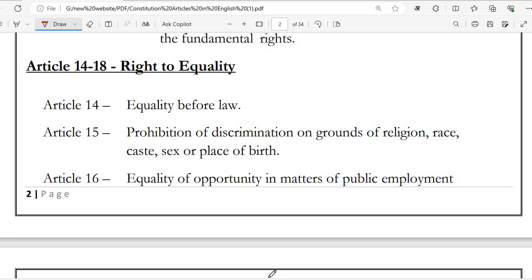Article 14 says equality before law and equal protection of law.